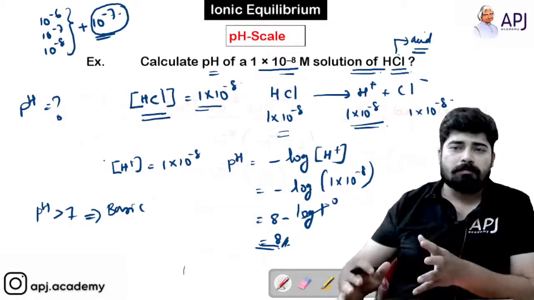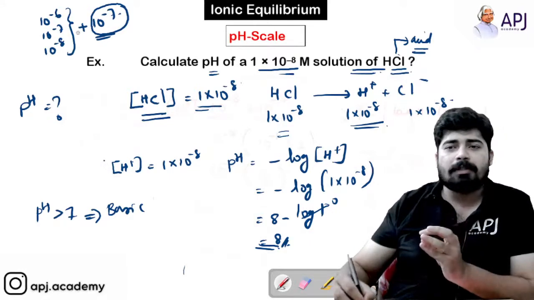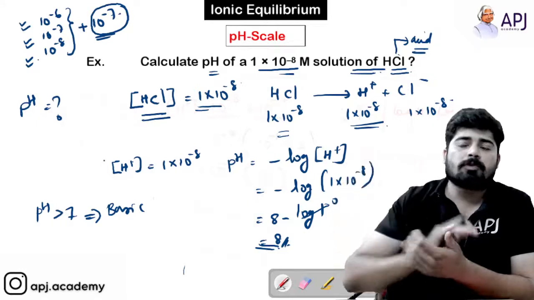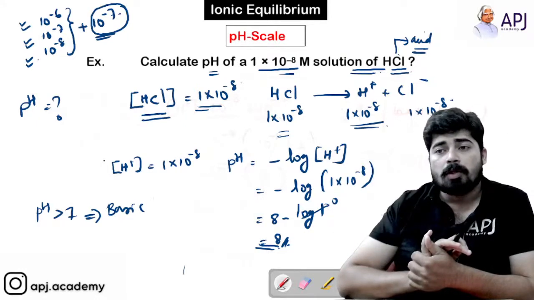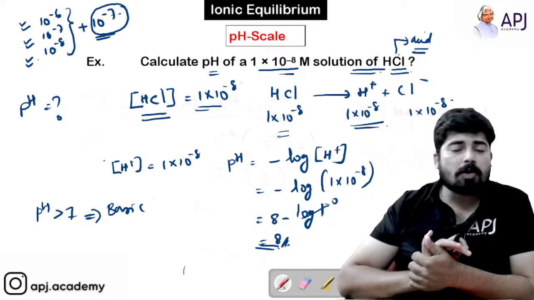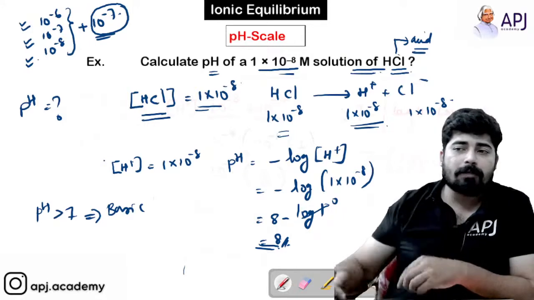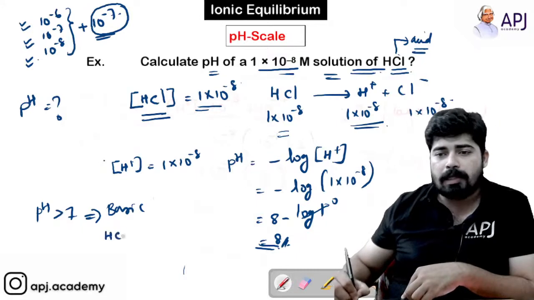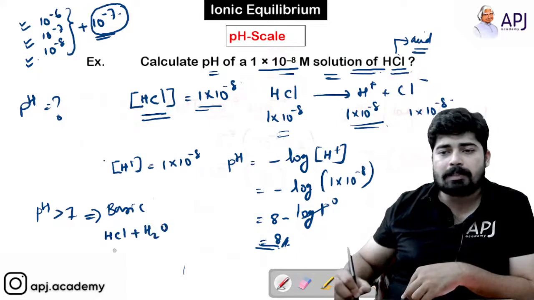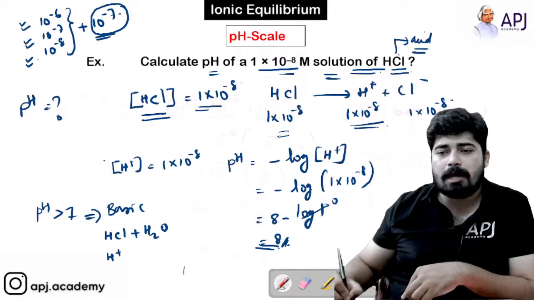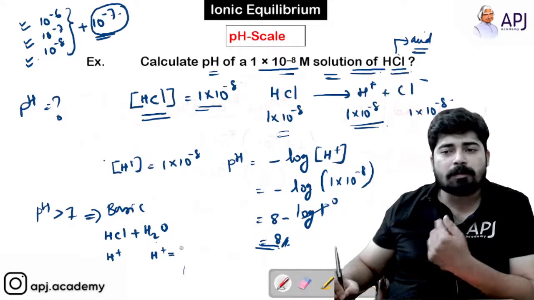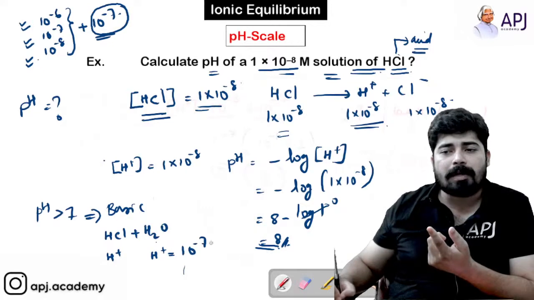In a solution, we know that there is HCl and water. From HCl we have H plus concentration, and from water also we have H plus concentration, and the H plus concentration from water is constant, that is 10 raised to minus 7.